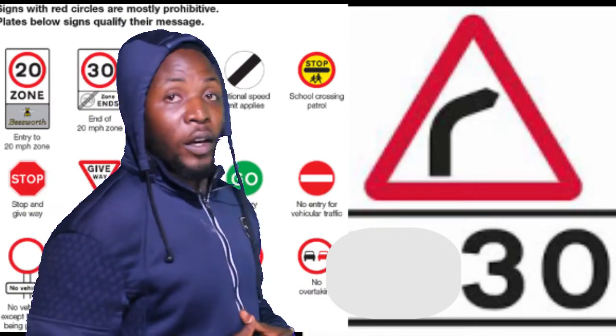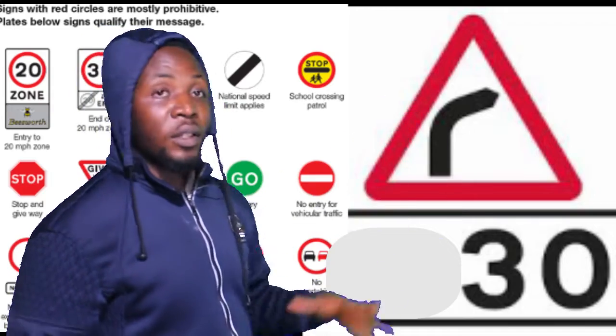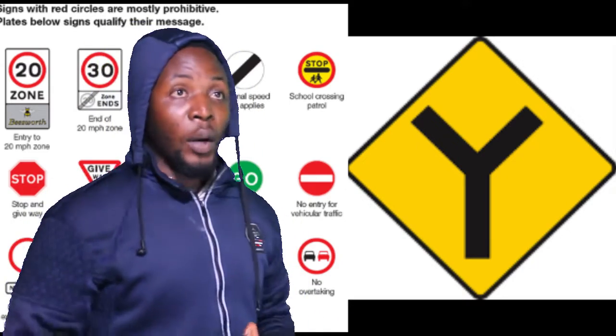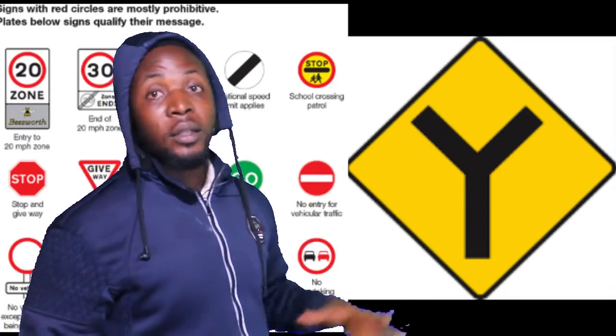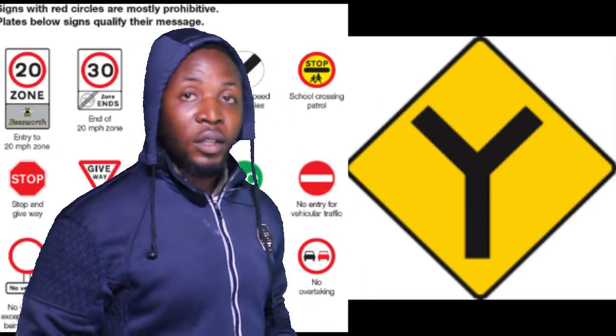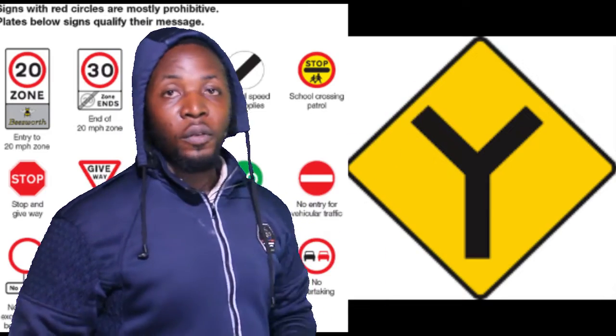Whenever you see any of these signs, we call them warning signs. They warn you about the danger ahead of you. You have to pass the signpost first before you meet the structure in front of you.